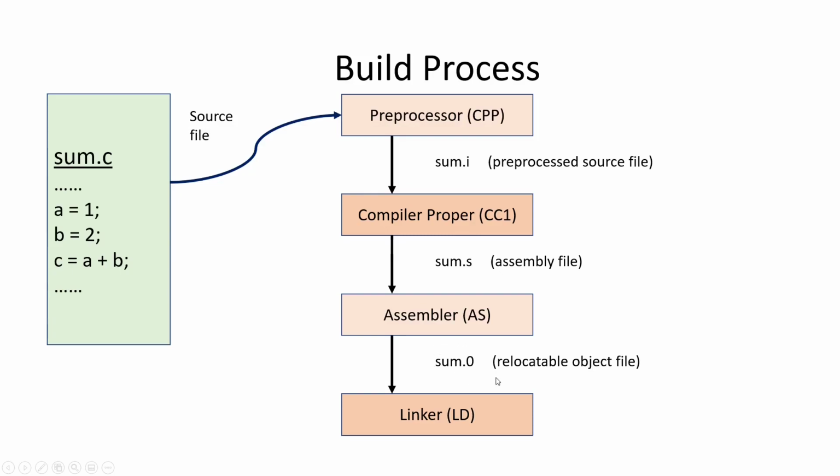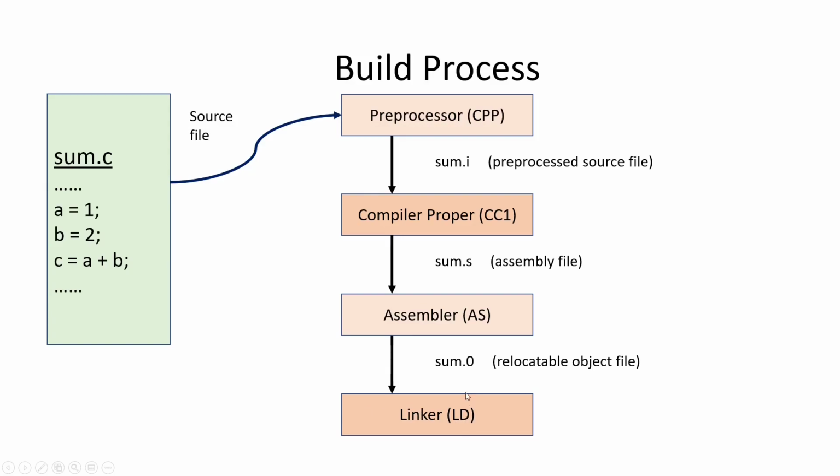If we've included anything from another library, the standard library, for example, then we'll still need one final step, the linker, abbreviated LD. The abbreviation actually comes from the fact that the linker and the loader used to be one component, and so the LD has stuck around as the abbreviation.